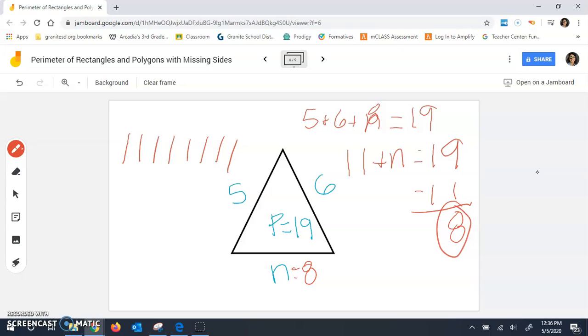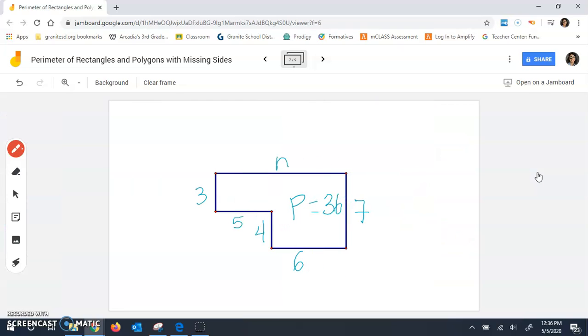So let's look at this one. This one is a little bit different because you have a lot more sides and they have to equal 36. So let's start from the beginning: 7 plus 6 plus 5 plus 4 plus 3 plus our n is equal to 36.